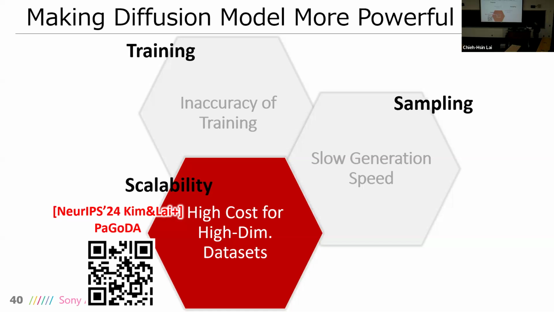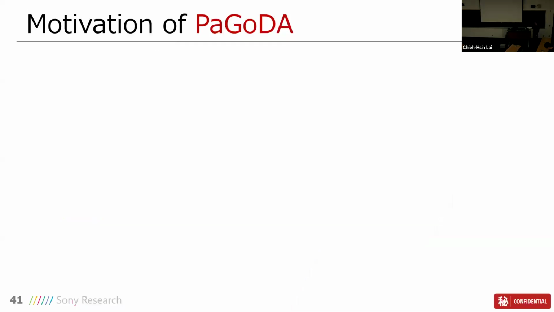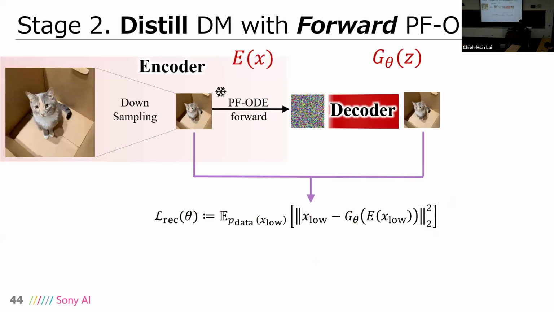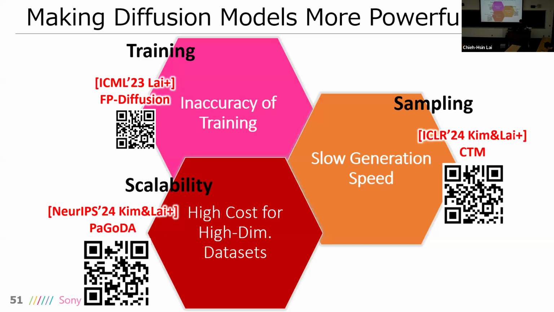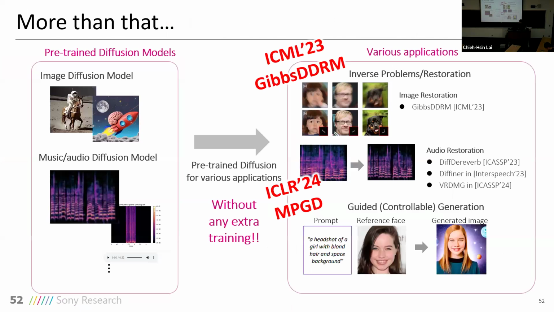So our work, which will be presented at NeurIPS this year, is about how to make the entire pipeline efficient in terms of training and also sampling across different dimensionality. I'm not going to talk about this, so let me just skip it. If you are interested, we can have a discussion at the end.